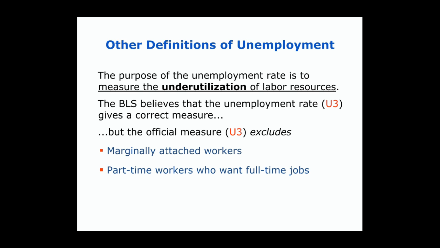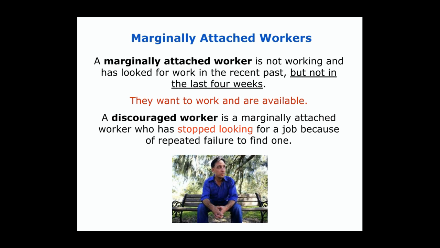But the U3 measure excludes a number of people, and especially the two most significant are the marginally attached workers and part-time workers who want full-time jobs. U3 would count them as not in the labor force or as being employed, and so it may show a picture that's more positive than it actually is.